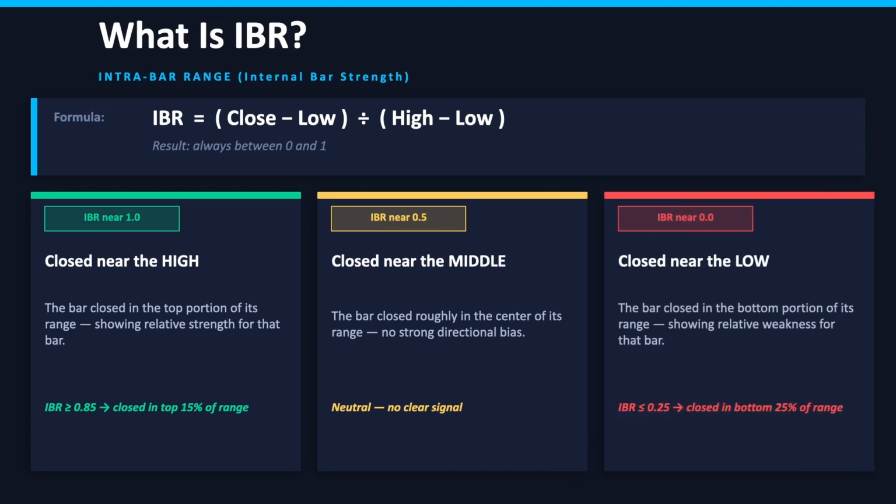But if the bar closed near the low, that's going to be closer to 0. So we got 3 different ranges here. Roughly near the high, that means we are in a bullish bar. If it's in the middle, we are in a neutral zone for that bar. And if we're near the low, we are in a bear phase for that bar.